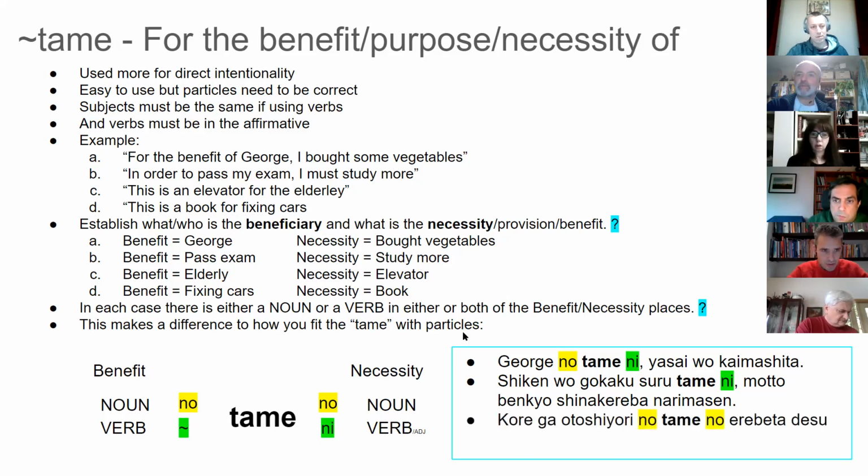So Kim, have a look at the screen. So here we've got desu. So we've got a noun here as well, but as this is desu, this is making this into a noun statement rather than a verb statement. So this would be valid to have no here in this case.